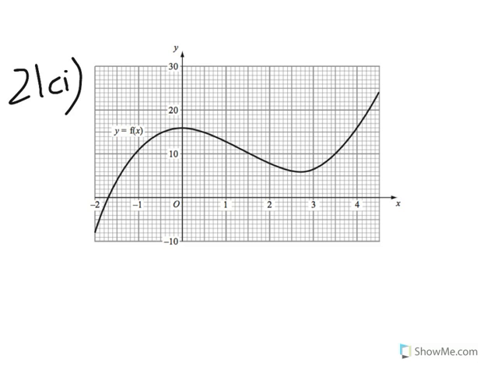Okay, in question 21c, they're saying the equation f of x, this curve, is equal to mx plus c, meaning it's equal to a straight line, as in where a straight line crosses it.